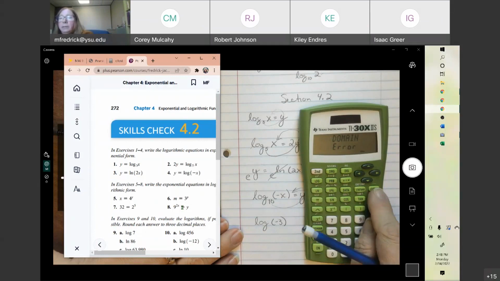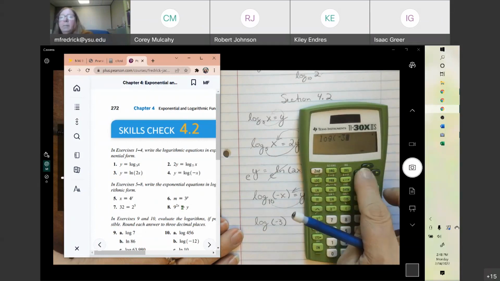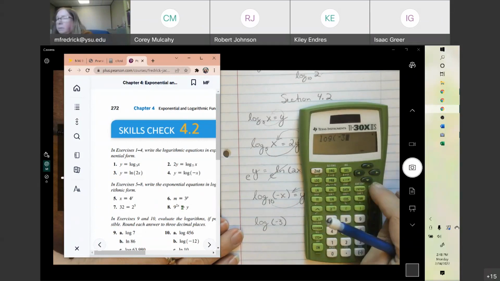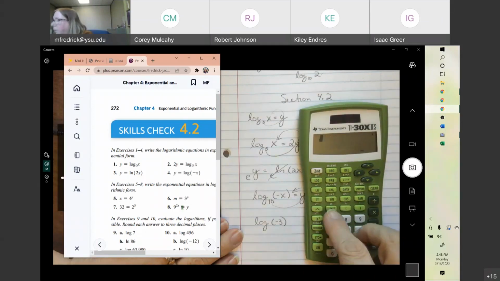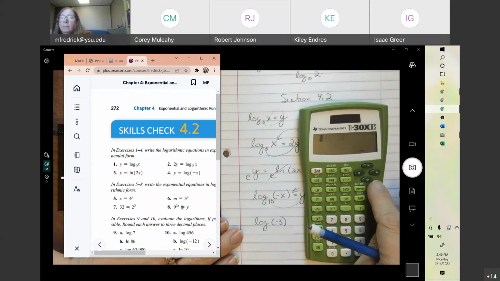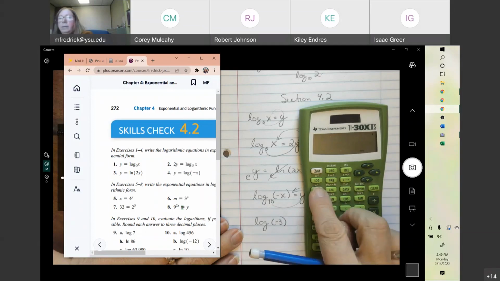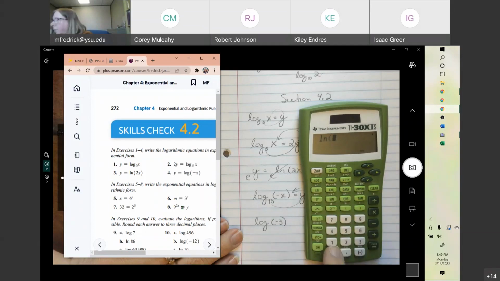So if we took here and put a 0, natural log is the same way. Natural log of 0.